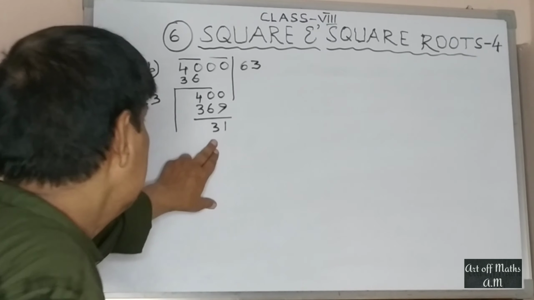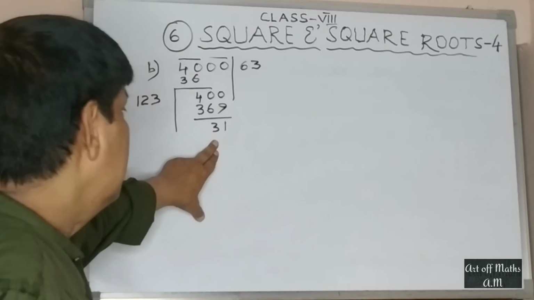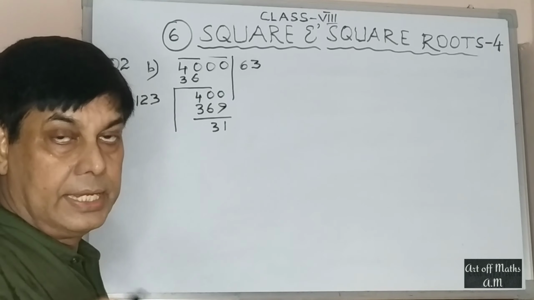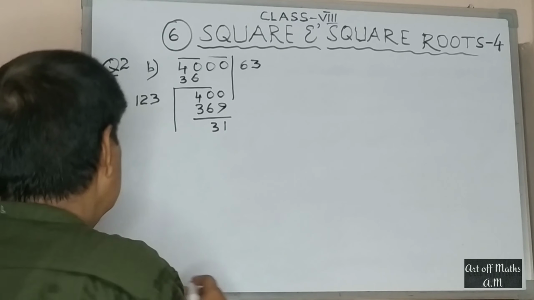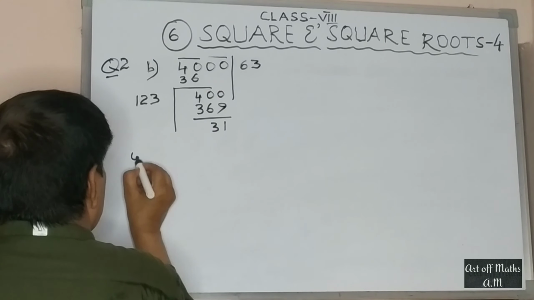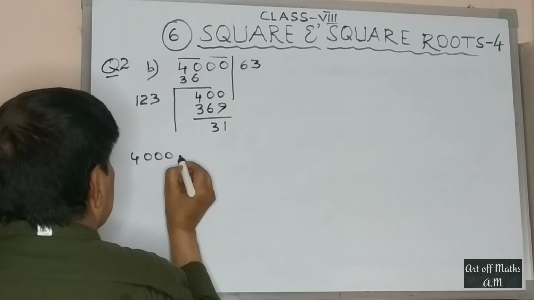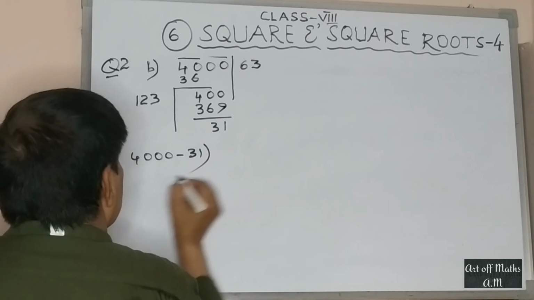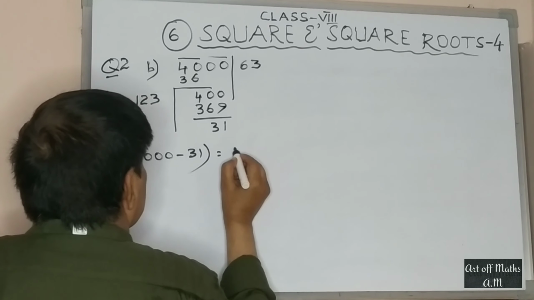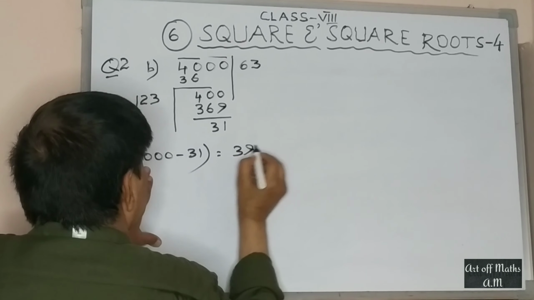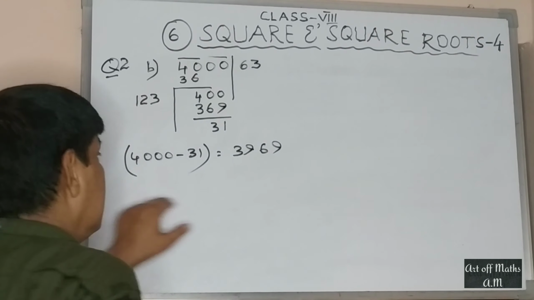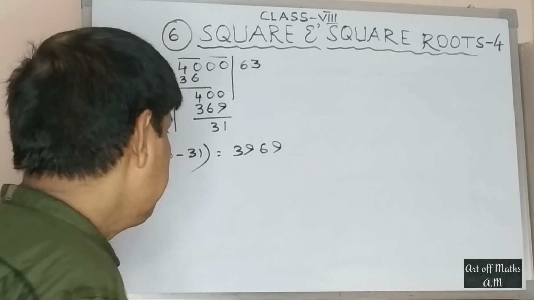Now this is the least number which is to be subtracted from the given number 4000 to get a perfect square number. Now 4000 minus 31 equal to 3969. It becomes a perfect square number.